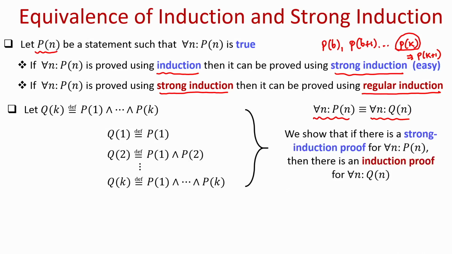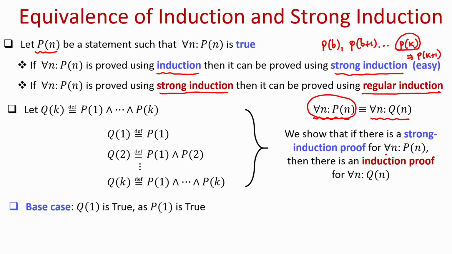So, what I will show here is, if you have a strong induction proof for proving your LHS, then I can convert it into a proof using regular induction to prove my RHS. And since both LHS and RHS are logically equivalent, that means I have now given a regular induction proof to prove my original property.